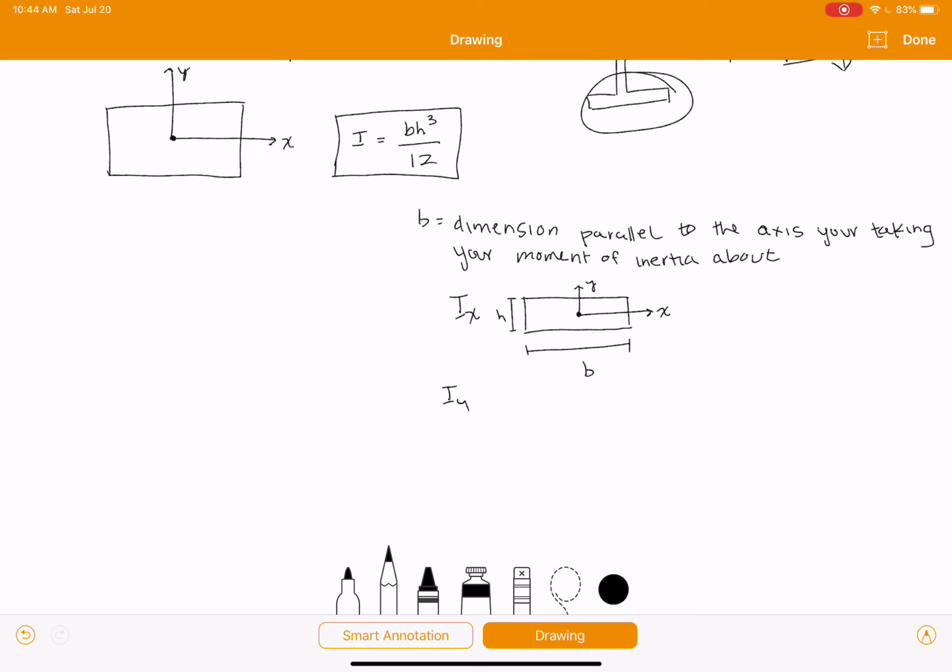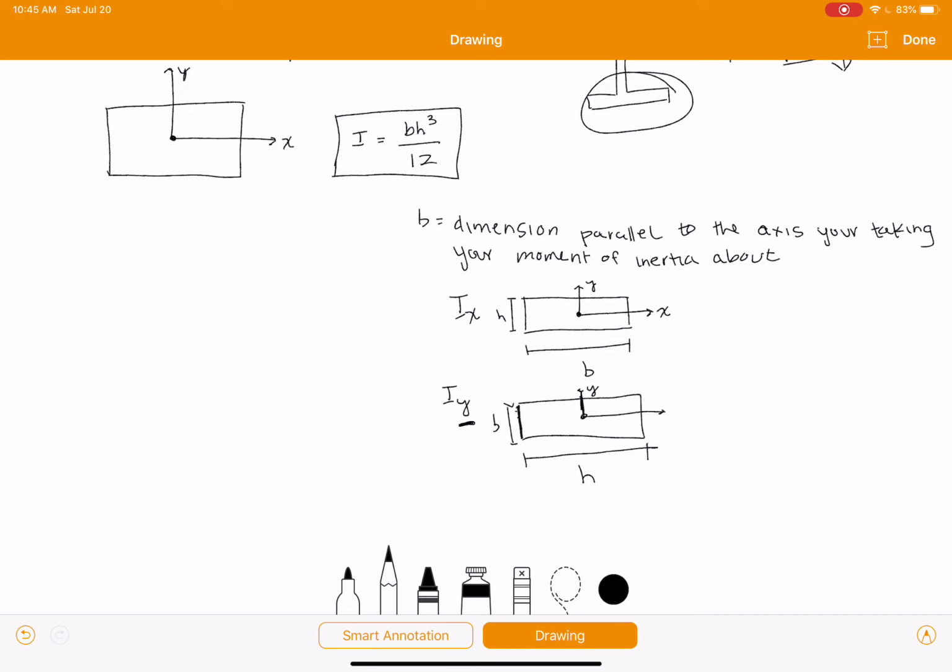But if you want to find Iy, this is your section, this is a centroid, that's y, that's x. So again, b is the dimension parallel to the axis in question. So for our y-axis, parallel to our y-axis is this dimension here. And so then I define that as b. And then, of course, by default, that's going to be h.